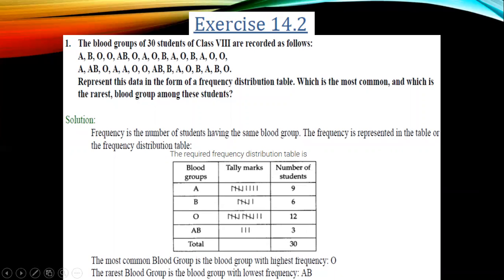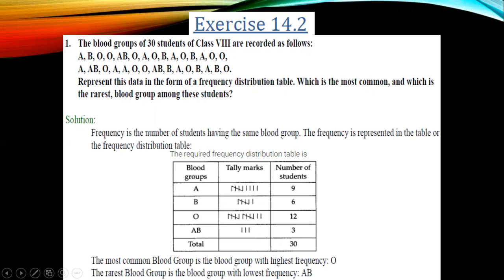Now, as you could see in part of the solution, all that I first did is identify the different types of blood groups given in the question. So the different types of blood groups are A, B, O, and AB. And then all that I did is the process of tally marking, which we have learned in our previous grades also.